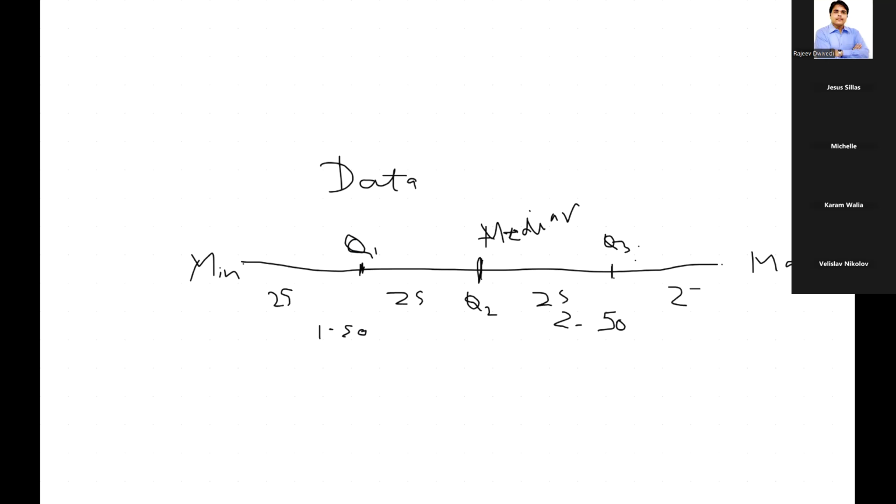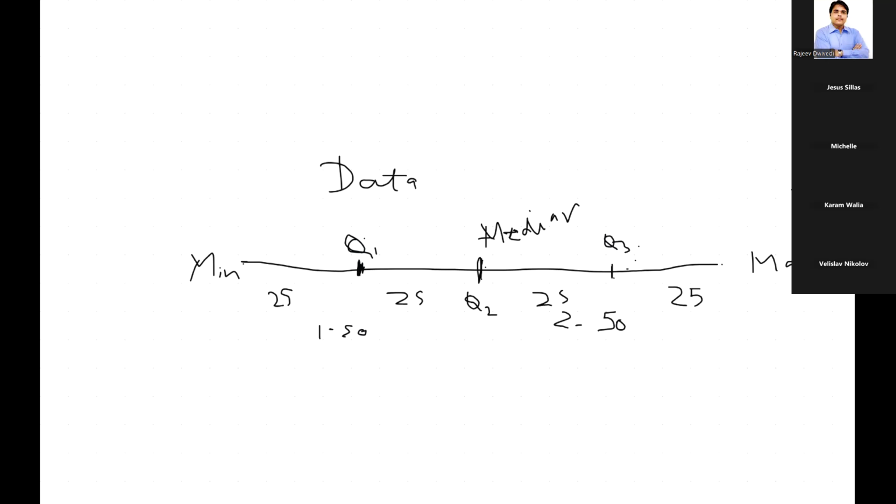The data has been divided into four equal parts, and these parts are called quartiles. These are the limits of Q1, Q2, Q3, and the minimum and maximum. Using Minitab, you can get the minimum, maximum, Q1, median, and Q3.